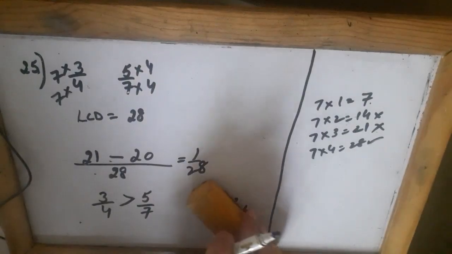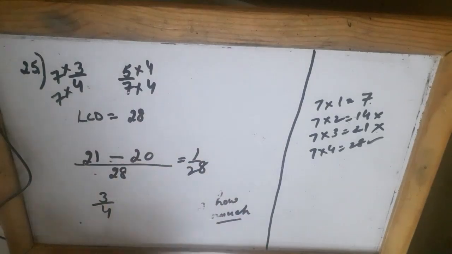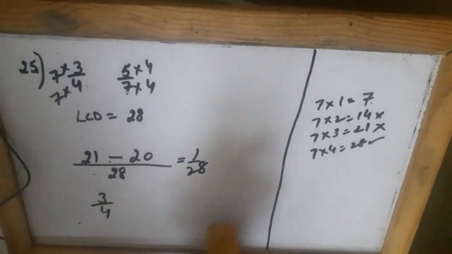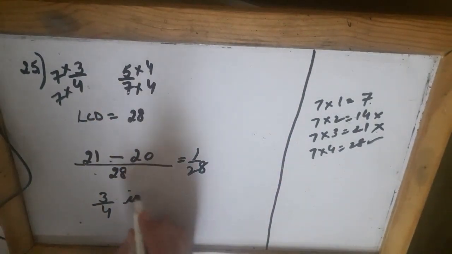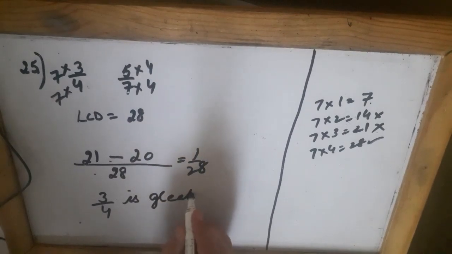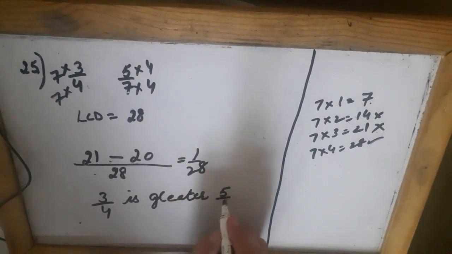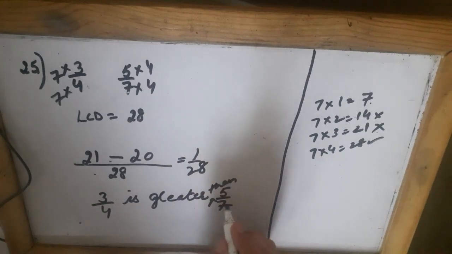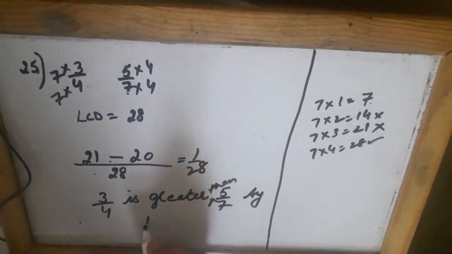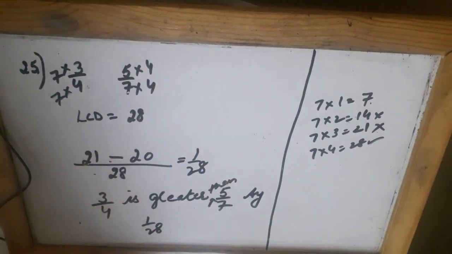So I can say that 3 by 4 is greater than 5 by 7 by how much? By 1 by 28.